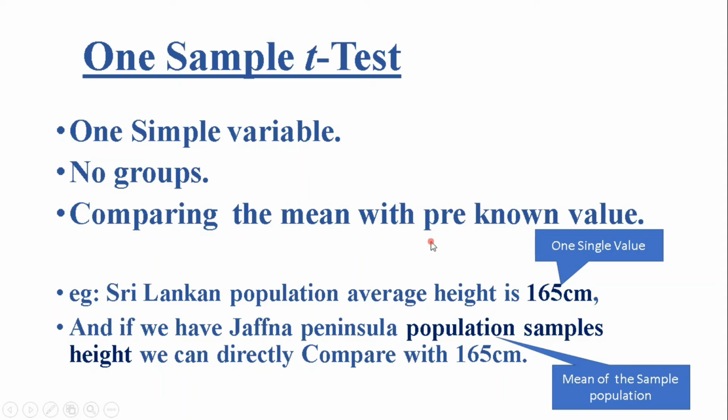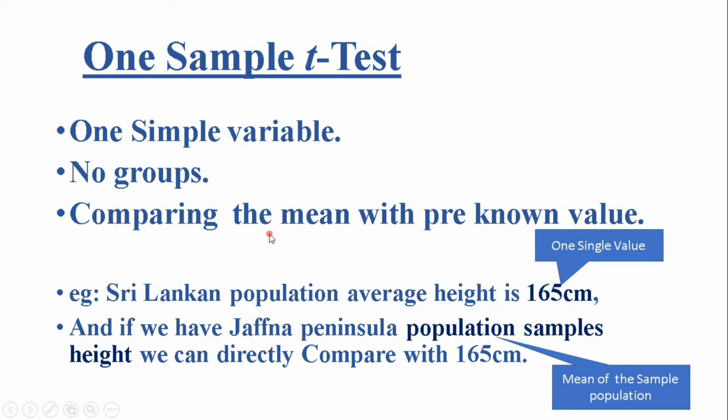It may differ from Kandy to Jaffna or Kandy to Colombo. So overall it's 165, but some areas may have a different value than this.